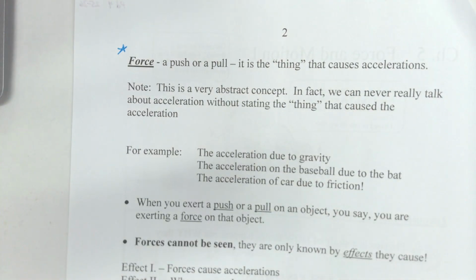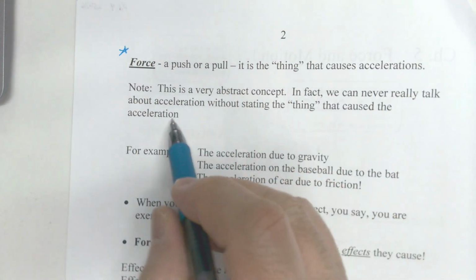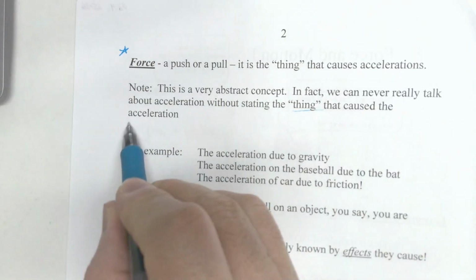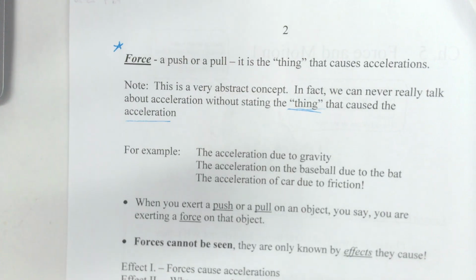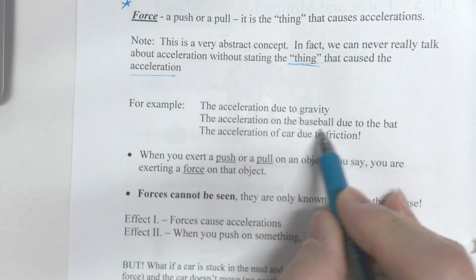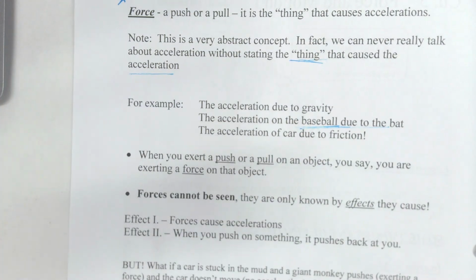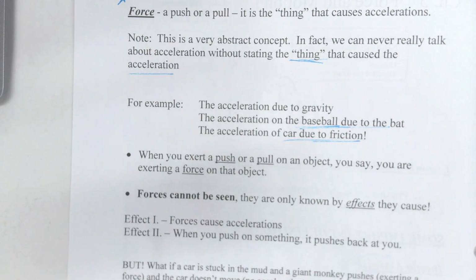In fact, we can never really talk about acceleration without stating the thing that causes acceleration. So acceleration due to gravity, acceleration of a baseball due to a bat, and acceleration of a car due to friction will be some examples that we need to talk about.